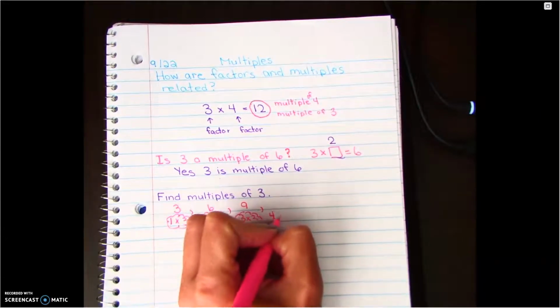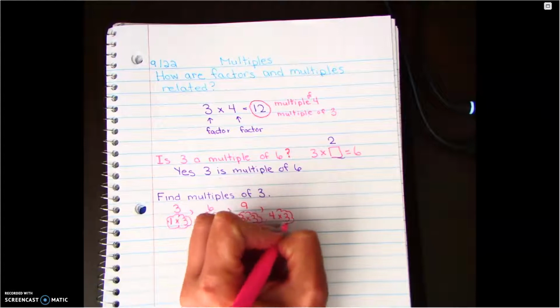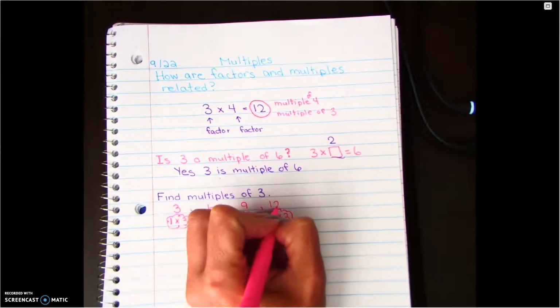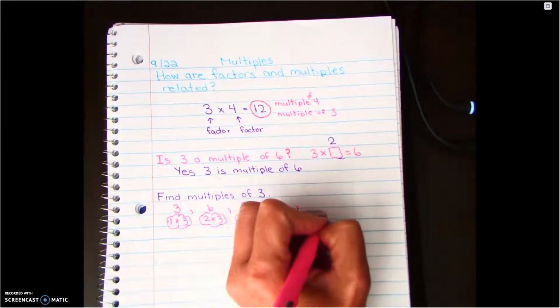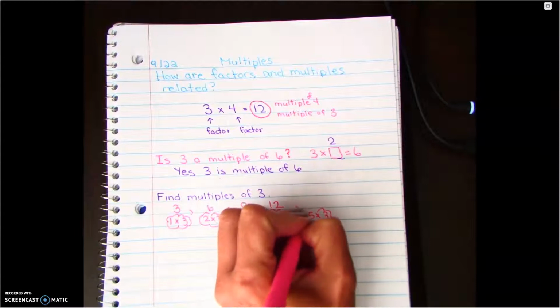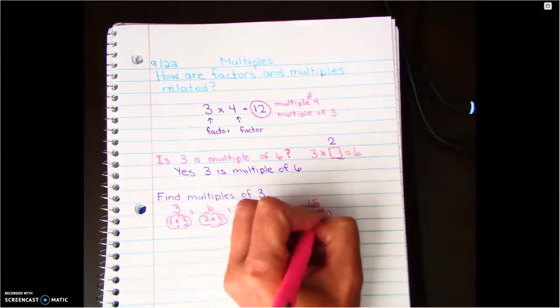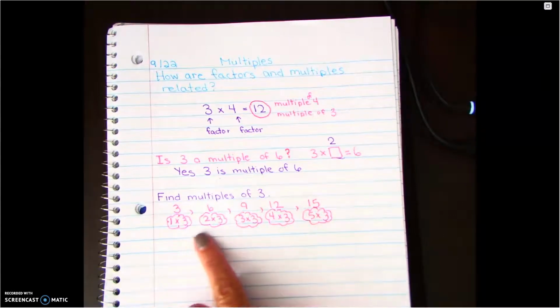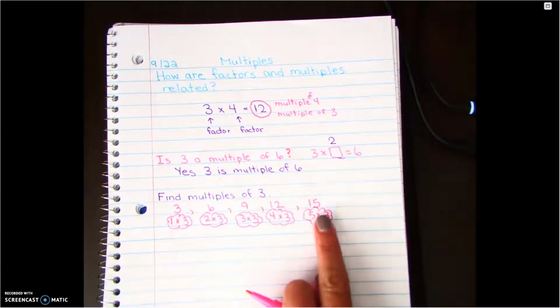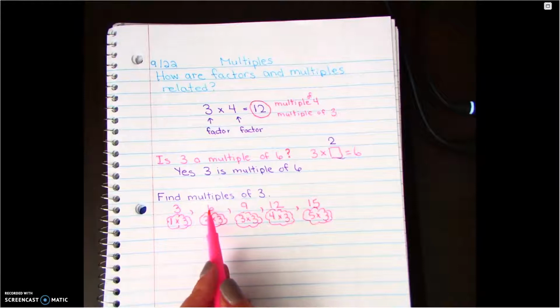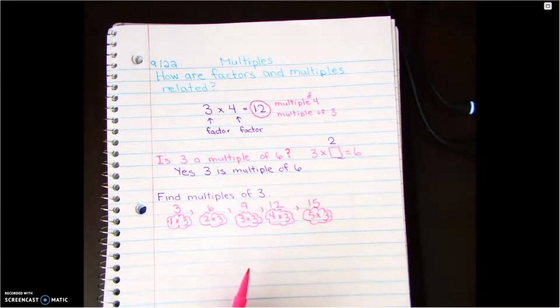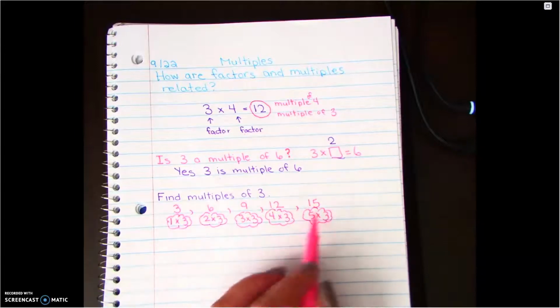Then 4 times 3, then 12 is the multiple. 5 times 3, that means 15 is a multiple. And we can keep going and going, because anything times 3 is going to be a multiple of 3. So that means 3, 6, 9, 12, and 15 are all multiples of 3, because something times 3 is going to give us those answers.